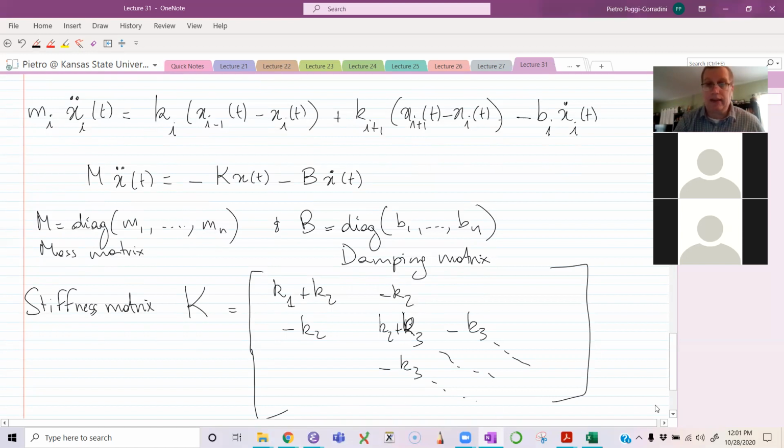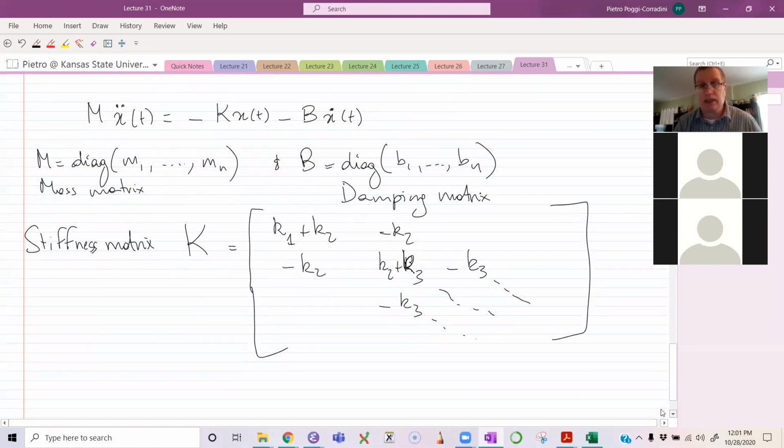And then at the end, let's be more precise. At the end, you're left with minus k_n, because there's no k_{n+1} term.